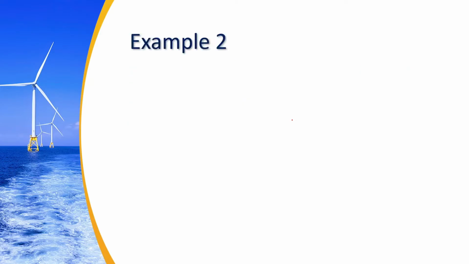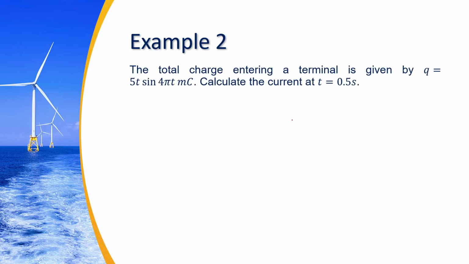Next. So, for example, the total charge entering a terminal is given by charge is equal to 5t sine 4 pi t milli coulomb. Calculate the current at time is equal to 0.5 seconds.